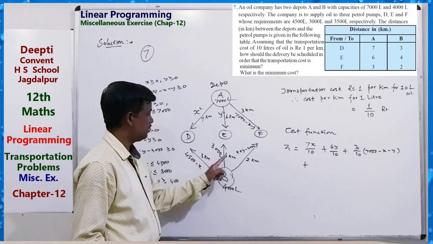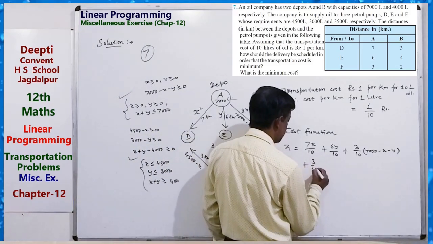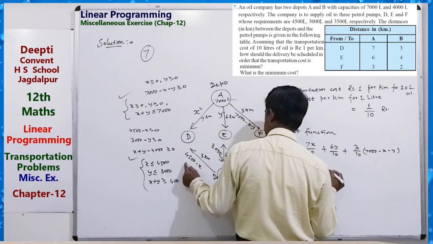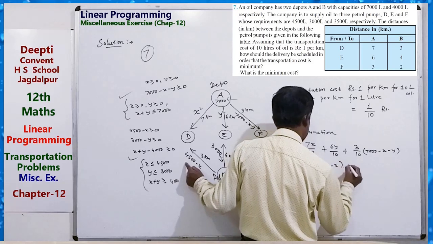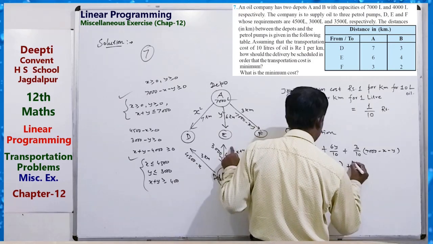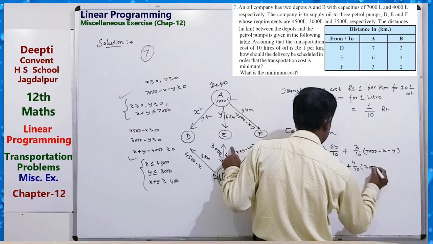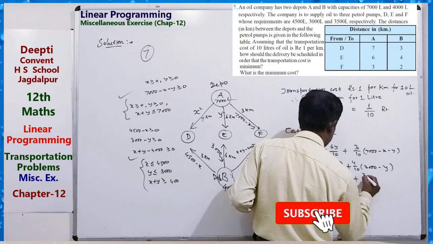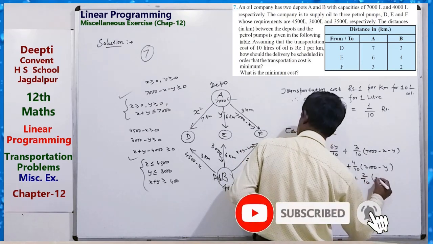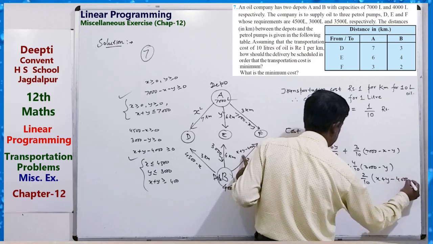the same here, 3, 4, 2. So 3 by 10 into, in place of x, 4500 minus x, plus 4 by 10 into 3000 minus y, plus 2 by 10 into x plus y minus 4000.